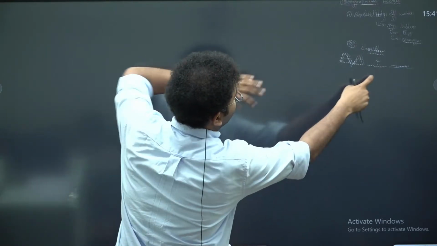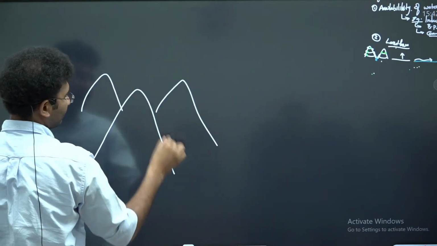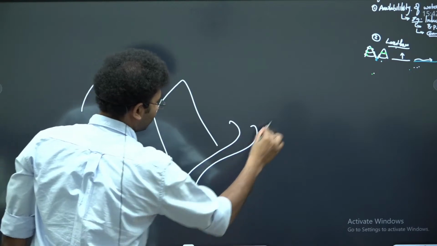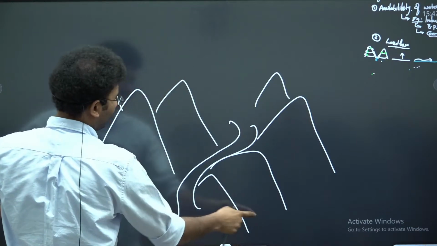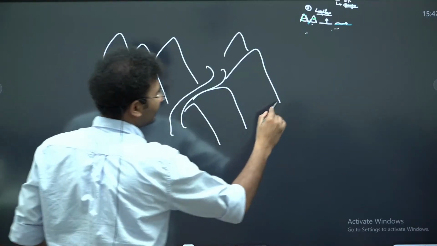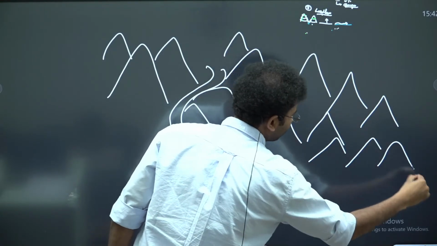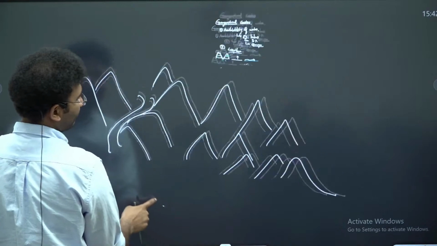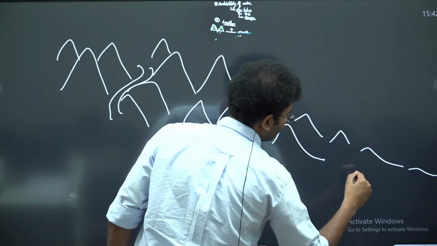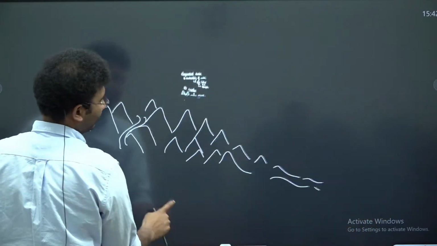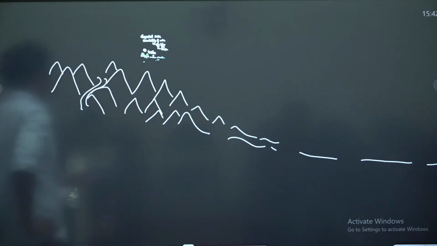Let's consider that these are a mountainous area, okay? And after this mountainous area, all of a sudden the height of the mountains got reduced, and finally these are the slopes of the mountain, before it went into the plain area. This is your plain area, okay? This is how you got to see the mountains.